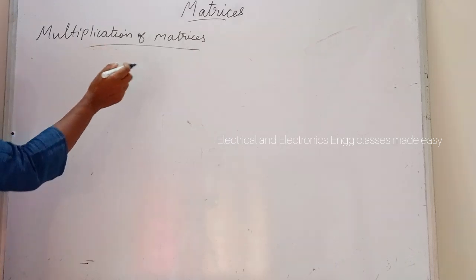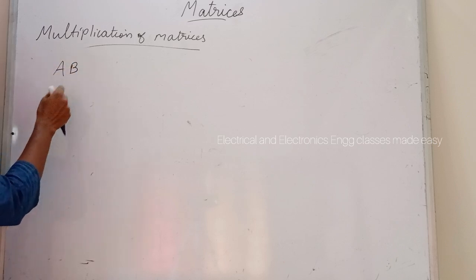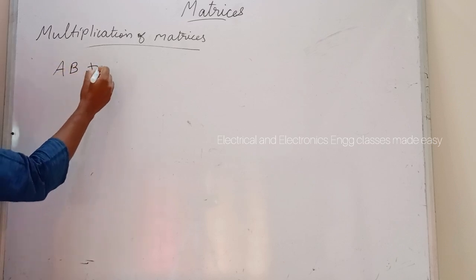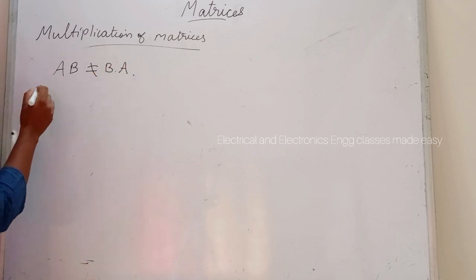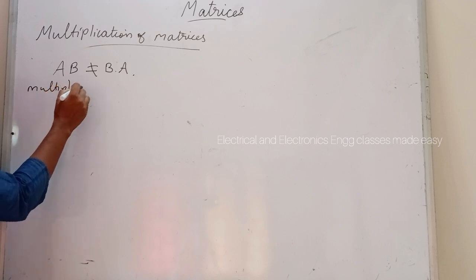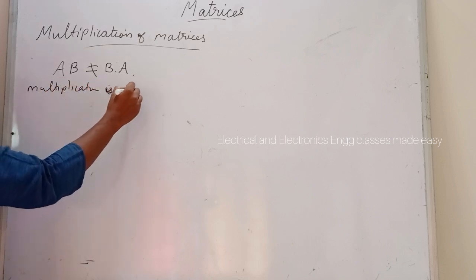And in multiplication of matrices, note one thing that AB need not be equal to B into A. That is, the multiplication is not commutative.